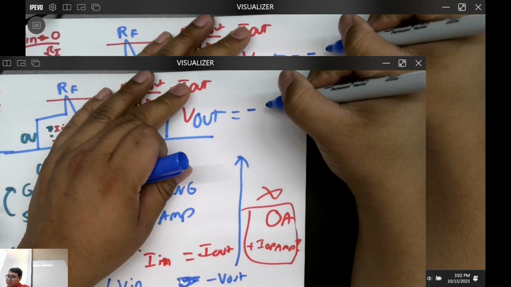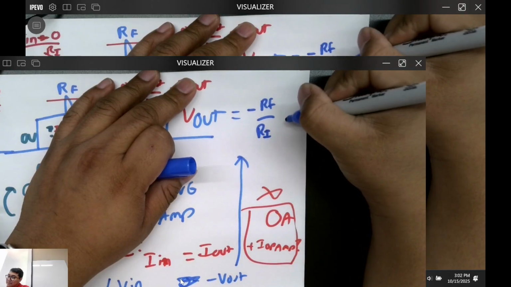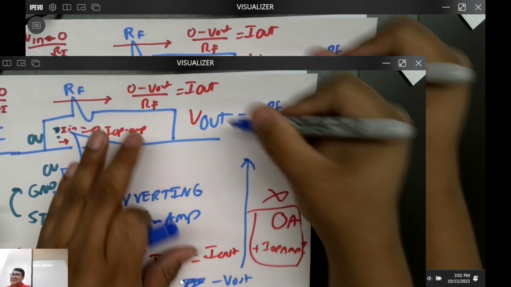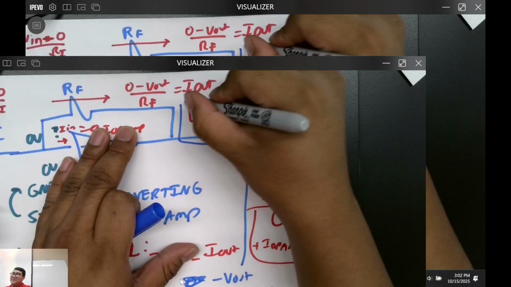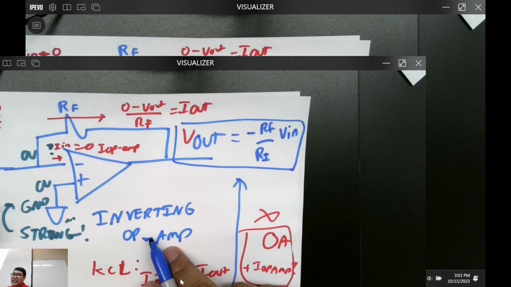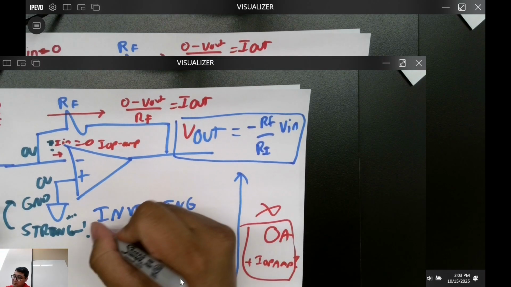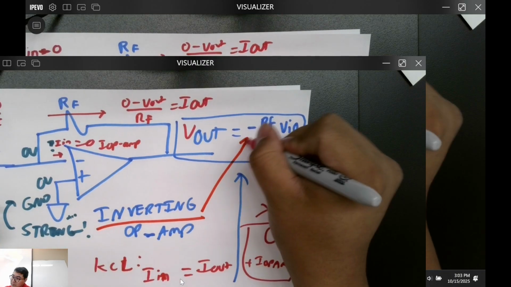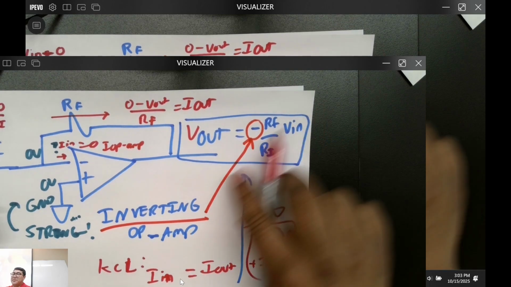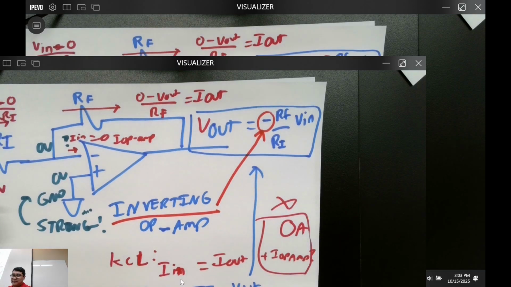It's going to equal minus RF over Ri times V in. This is what you're going to memorize by heart. Does that make sense with everybody? It's called inverting because we have a minus. So when the input goes up, the output goes negative. Does that make sense with everybody?